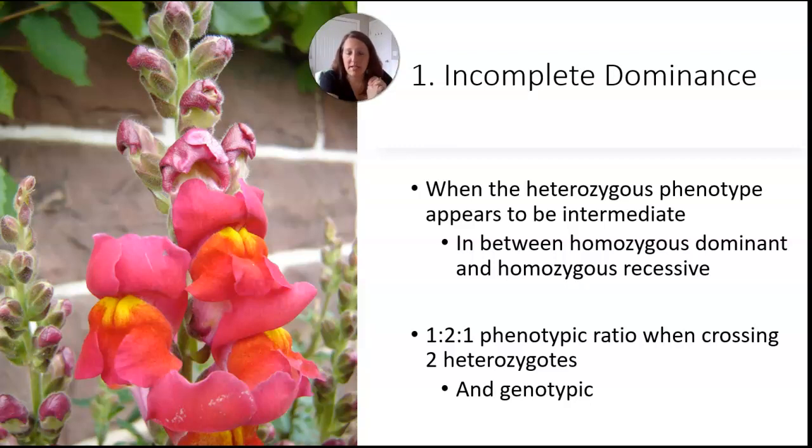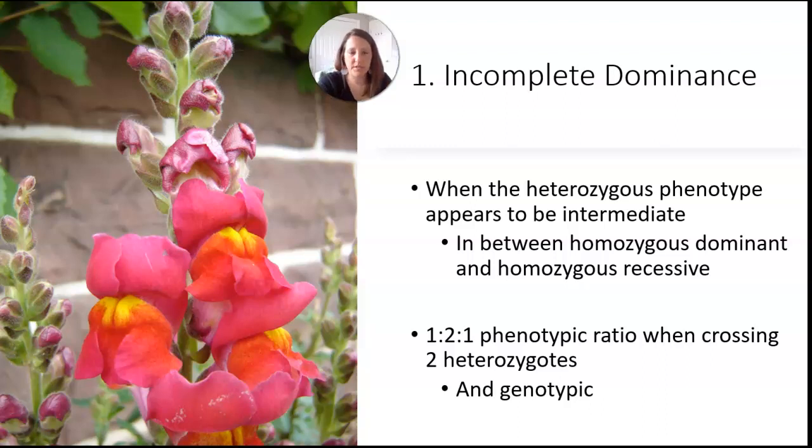And so in incomplete dominance, the heterozygote is actually going to express an intermediate phenotype. And so there's not really true dominance and recessive here. Instead, what we get in the heterozygote, again, is an intermediate phenotype, which looks kind of like a blending of the two parents.